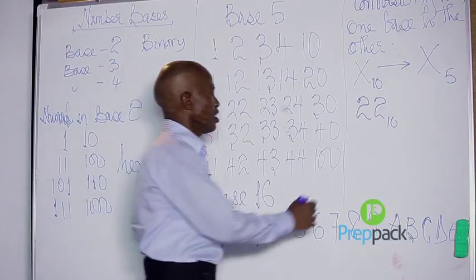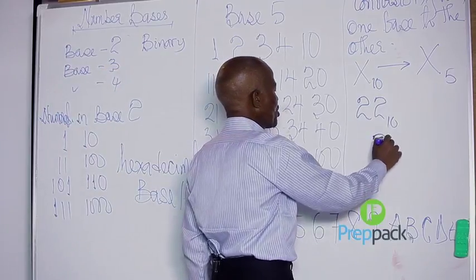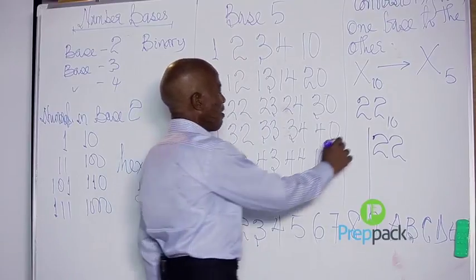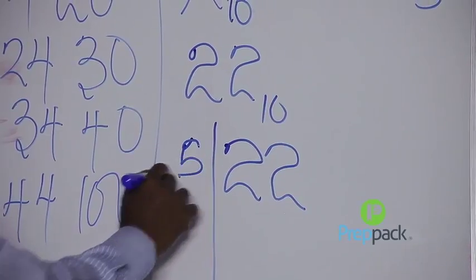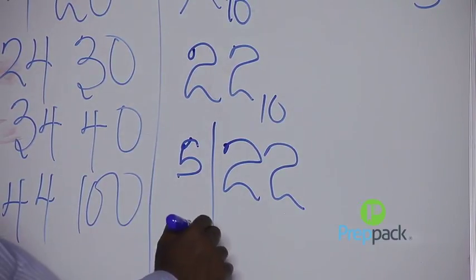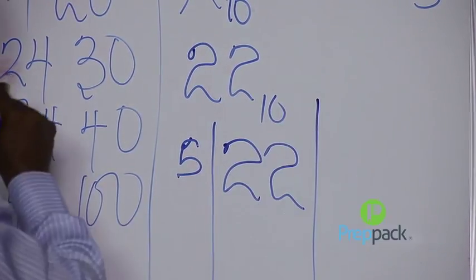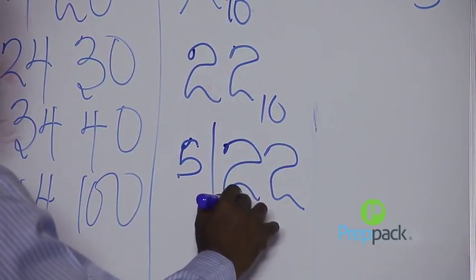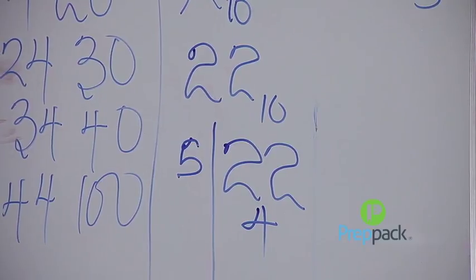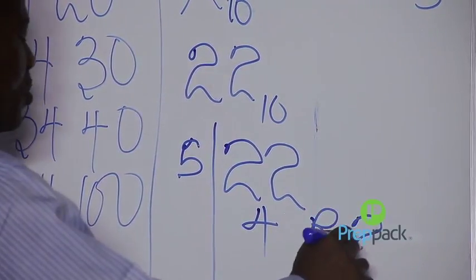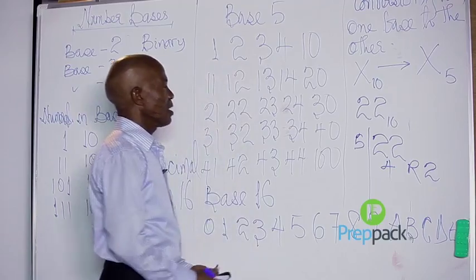This is the method. We have 22 to be divided by the base. This is 5. 5 divides 22, that should be 4 times, remainder 2. Okay?